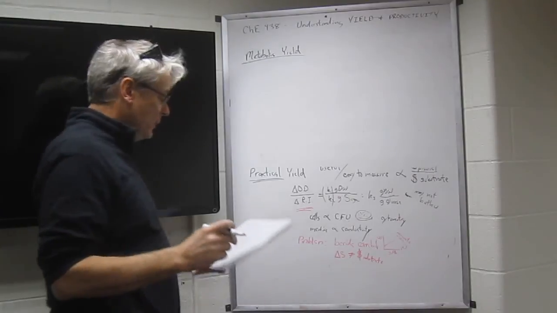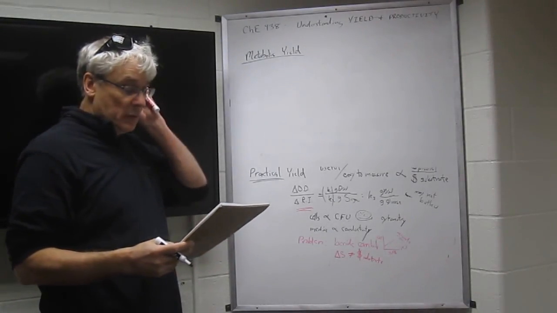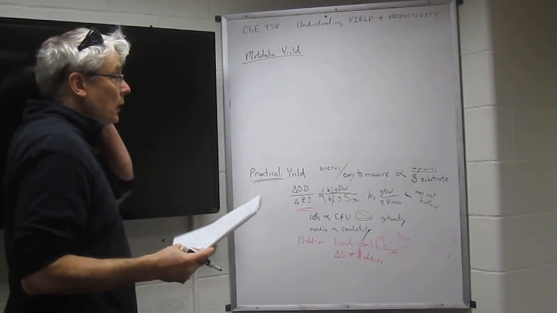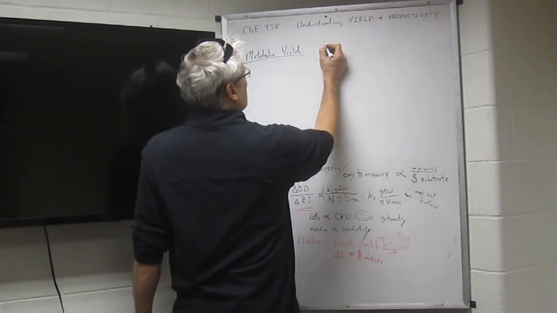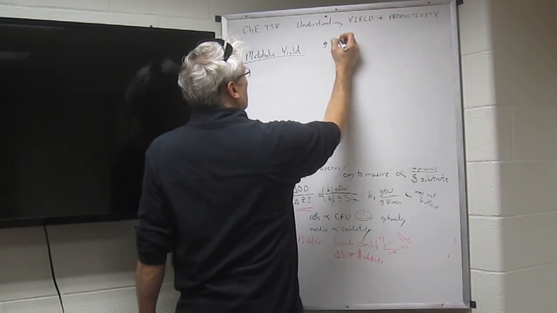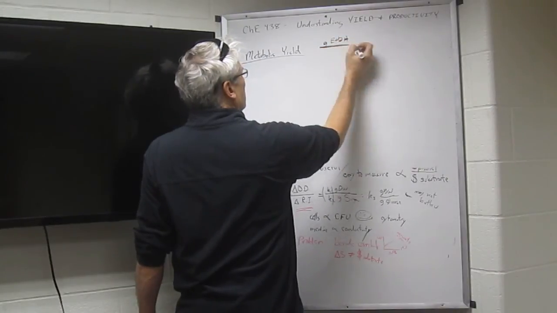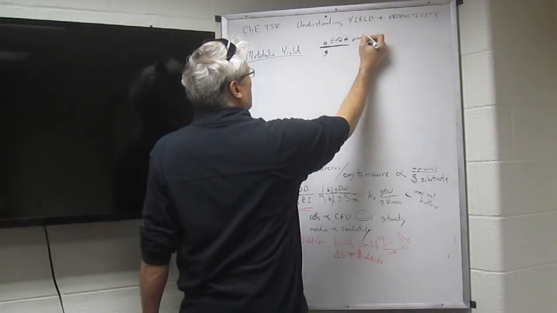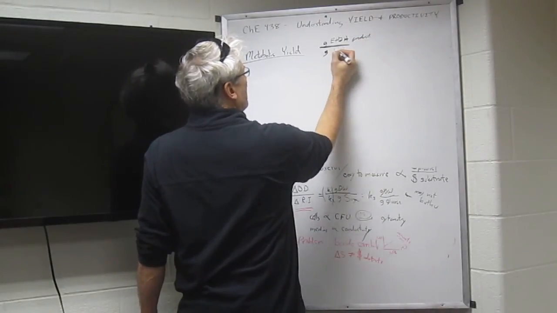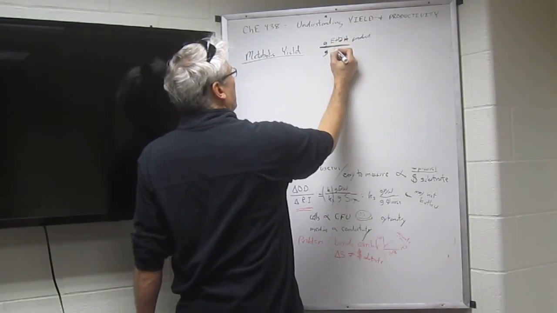And what we're really talking about here is related to pathways, if you will. A classic one for this, for instance, would be grams of ethanol produced per gram of glucose consumed.